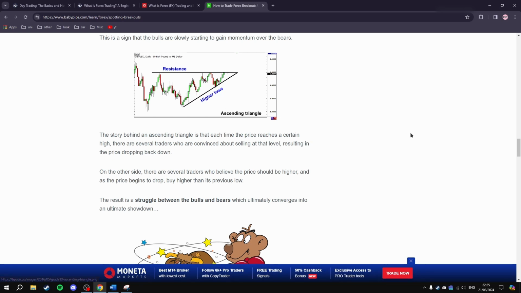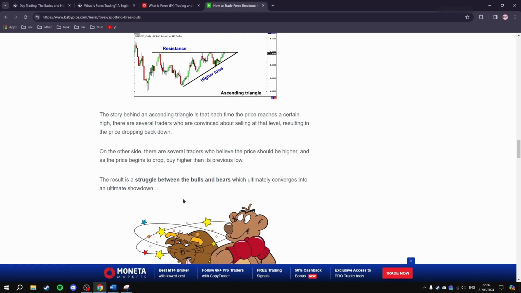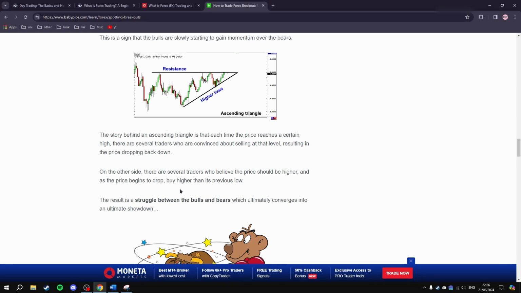That means the demand is shooting upwards, so the price should be increasing again as well. So you get both the price decreasing and then increasing, which is the struggle between the bulls and the bears. I think that's what it means.